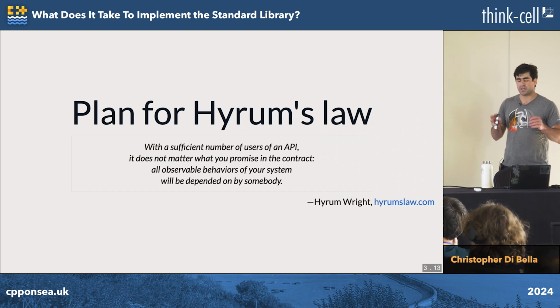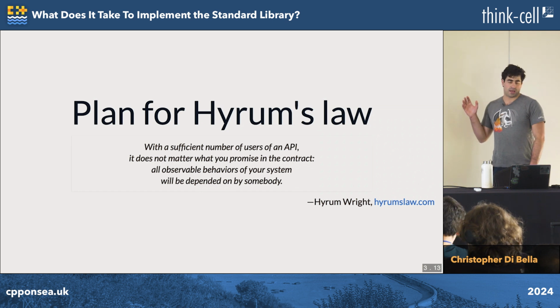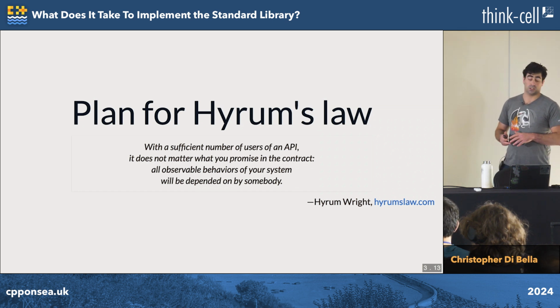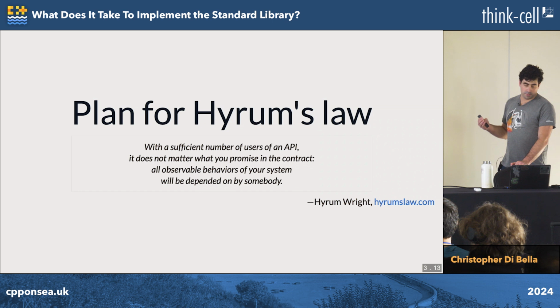That's a good split. So Hyrum's law is an observation made by a former colleague of mine, Hyrum Wright, who observed after working on a lot of software that with a sufficient number of users of an API, it does not matter what you promise in the contract, all observable behaviors of your system will be depended on by somebody.